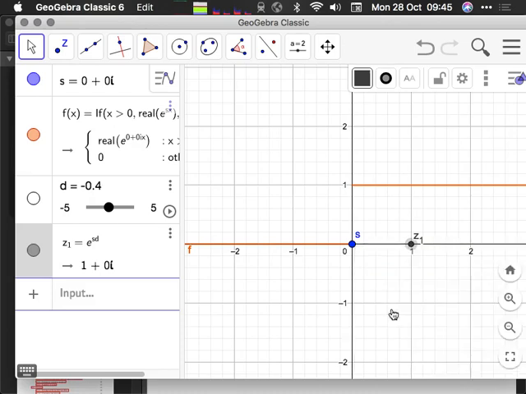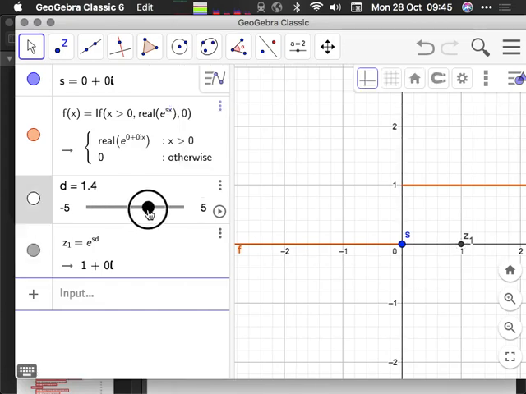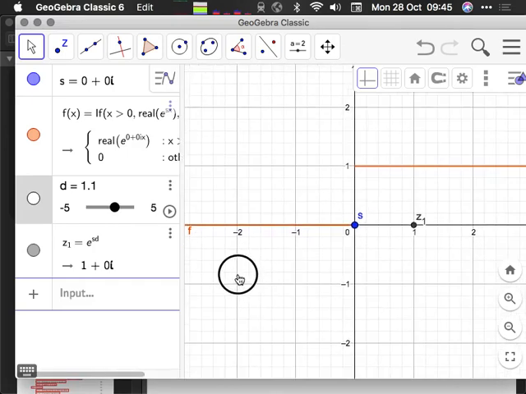I'm going to enable tracing on this, and then I'm going to move s just along the imaginary axis. It really doesn't make a difference in this case, because the shape is what I want you to look at.